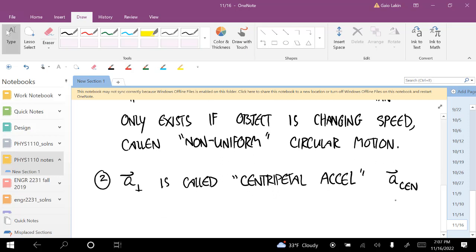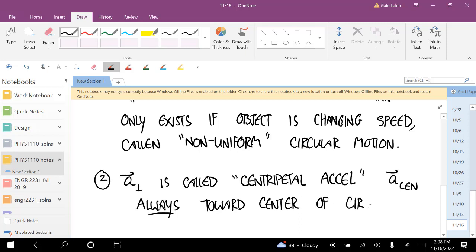One thing that's interesting about circular motion is that this centripetal acceleration, this perpendicular acceleration, is always toward the center of the circle. Maybe that's not too surprising if you picture a circle, because the velocity is tangent to the circle.